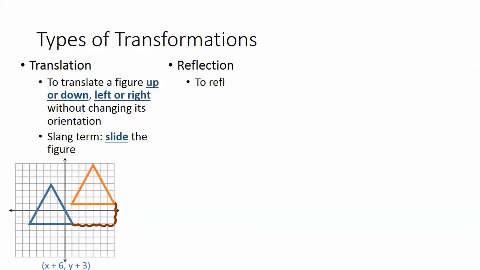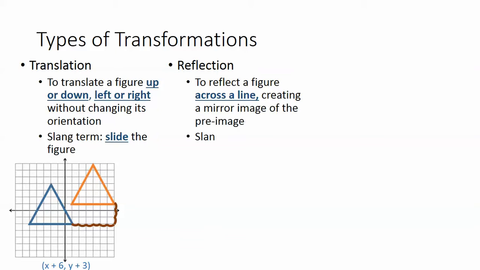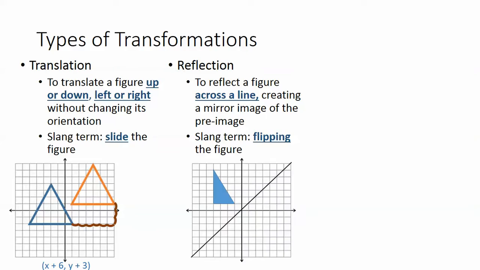We can also reflect. To reflect a figure across a line, creating a mirror image of the preimage. Our slang term will be to flip the figure. Starting with a different triangle, we're going to flip it across our line.